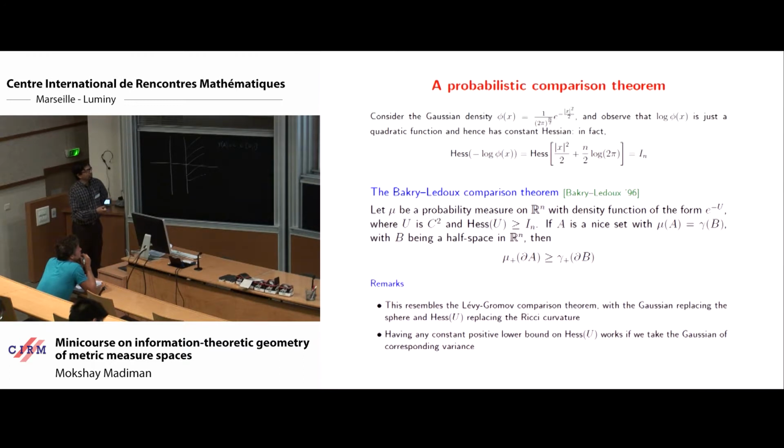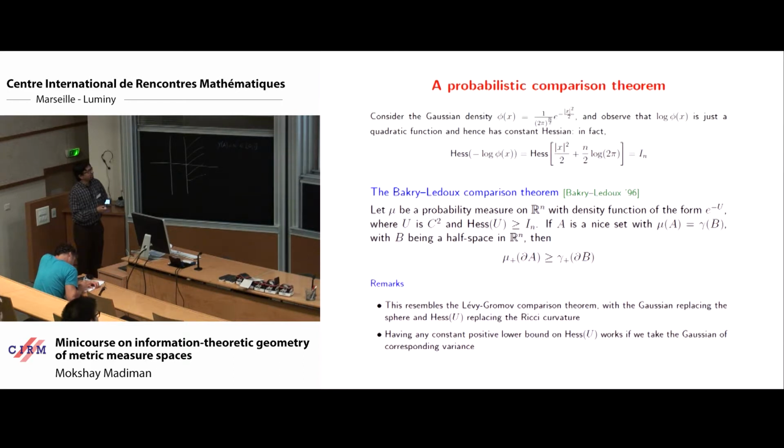surface area under mu. Okay, so this is very similar to the Levy-Gromov comparison theorem that I mentioned earlier, except that it is for Gaussian measure instead of for the Riemannian volume element on some manifold. Okay, so what is it that replaced the condition of curvature?